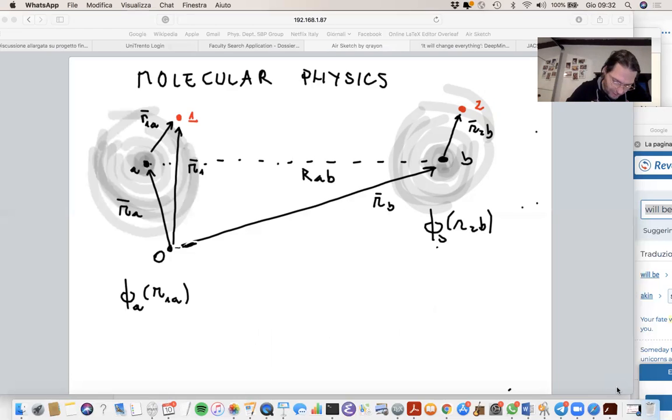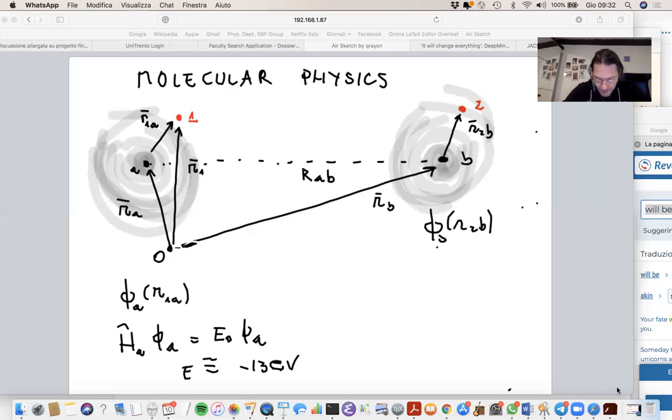In fact, I know that if I take the Hamiltonian for the hydrogen atom, let's call it HA, and apply it to phi A, I'm going to get some energy E naught times phi A, where E naught is, roughly speaking, minus 13 point something, let's say minus 13, without being too precise, electron volts. And the same, of course, happens with the second atom. Same energy, because it's the same ground state. It's just shifted, another identical system, so of course it will have the same energy.